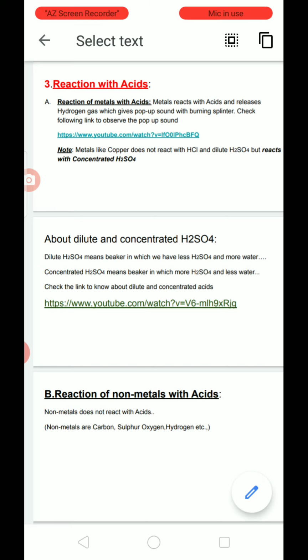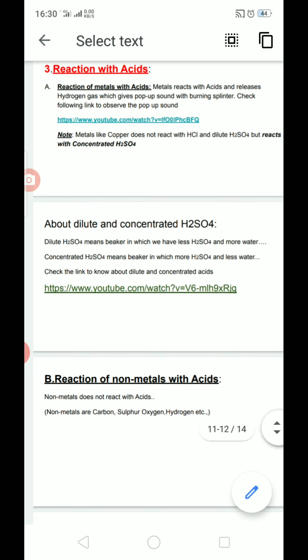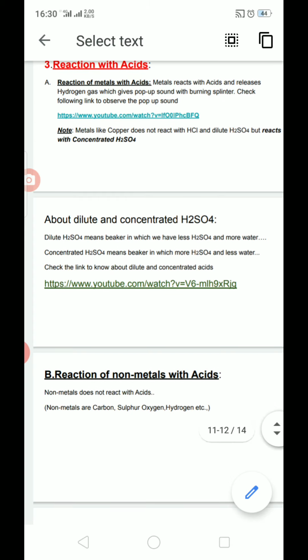In a beaker, if we have more acid and less water, it is called concentrated acid. Like concentrated H2SO4 means a beaker in which there is more H2SO4 and less water. Whereas dilute H2SO4 means a beaker in which we have less H2SO4 and more water.